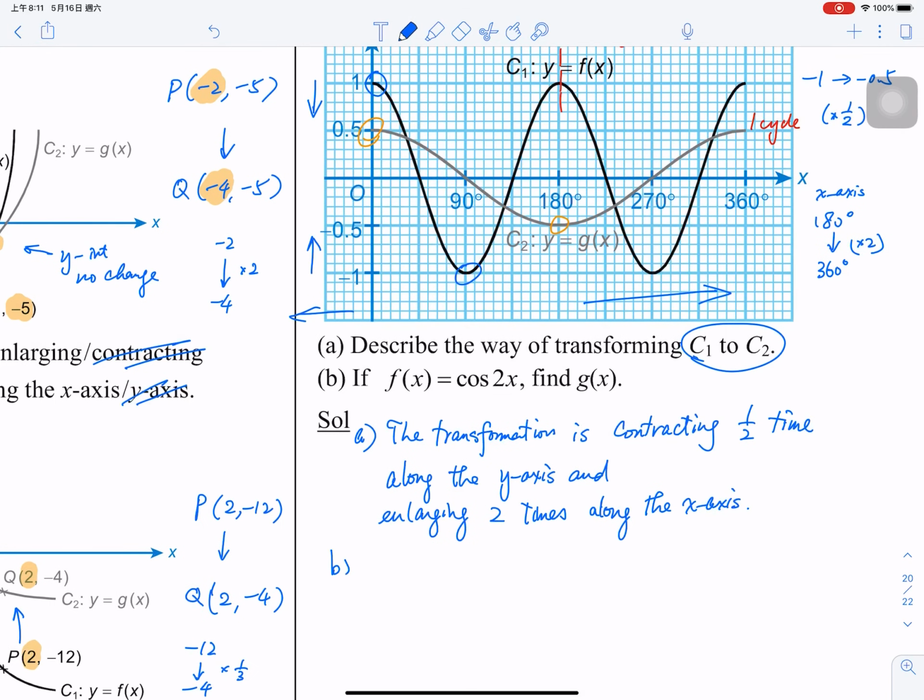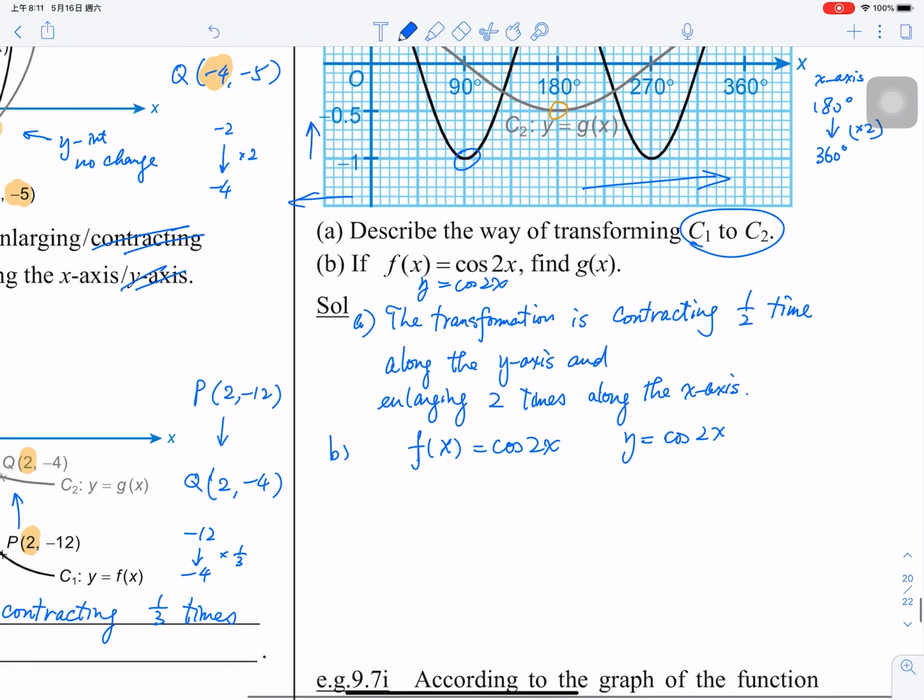Part B. About g(x), let's see. Now here f(x) equals cosine 2x, so you can say y equals cosine 2x.